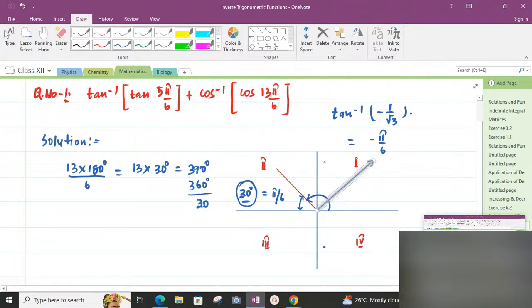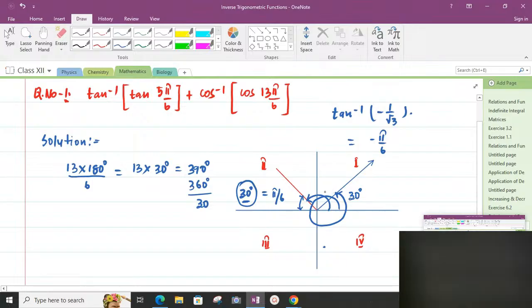So here will be 30 degree. Hope there is no problem to understand this one. So cos 13 pi by 6 equals cos 30 degree, and the value of cos 30 degree is root 3 by 2.